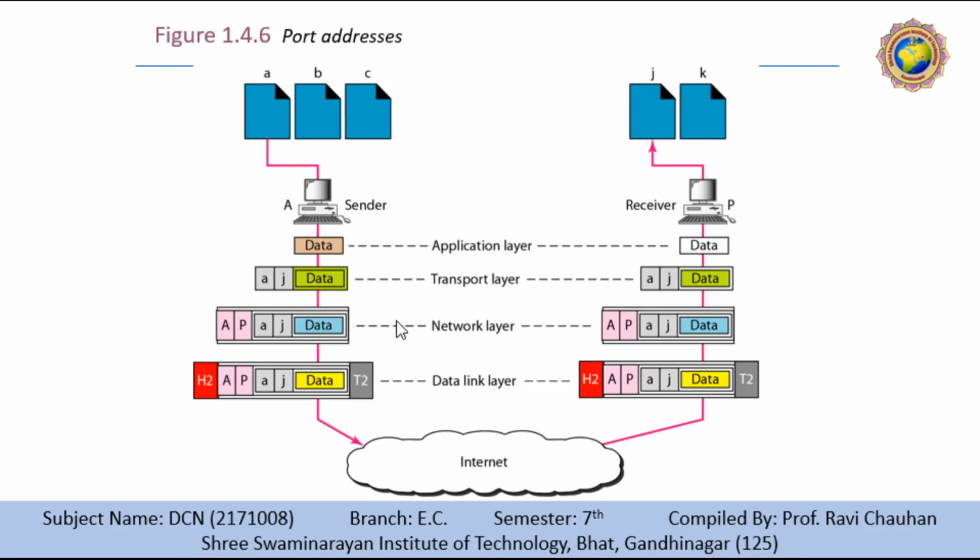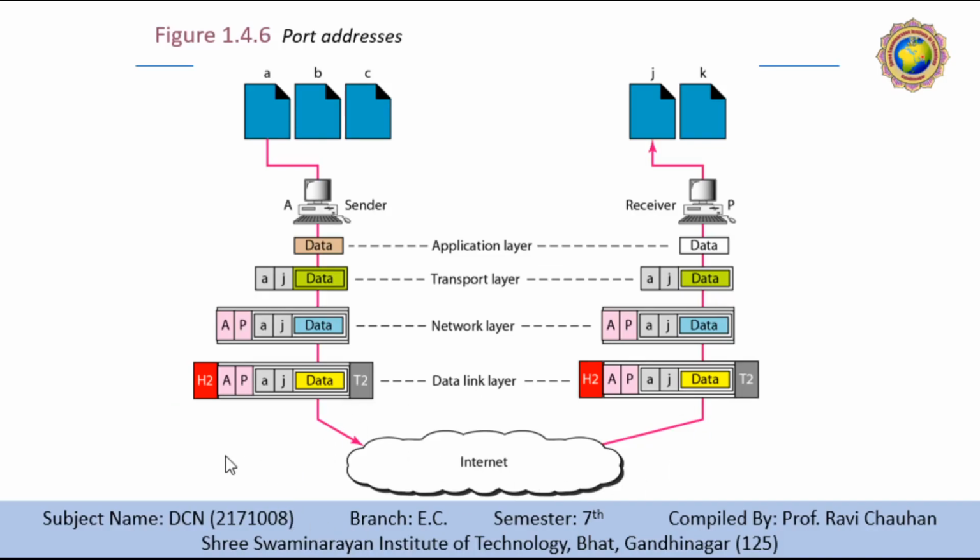The packet from the transport layer is then encapsulated into another packet at the network layer with the logical source and destination addresses, A and P. So it is our logical address. Finally, this packet is encapsulated in a frame with the physical source and destination address for the next hop. We have not shown the physical addresses because they change from hop to hop inside the cloud designated as the internet.